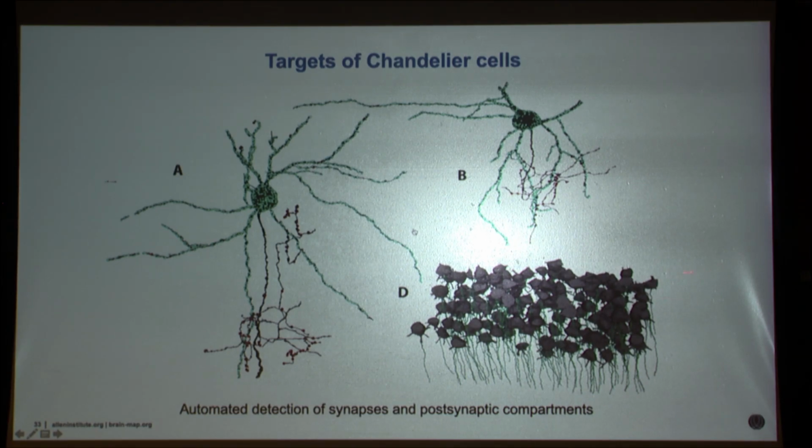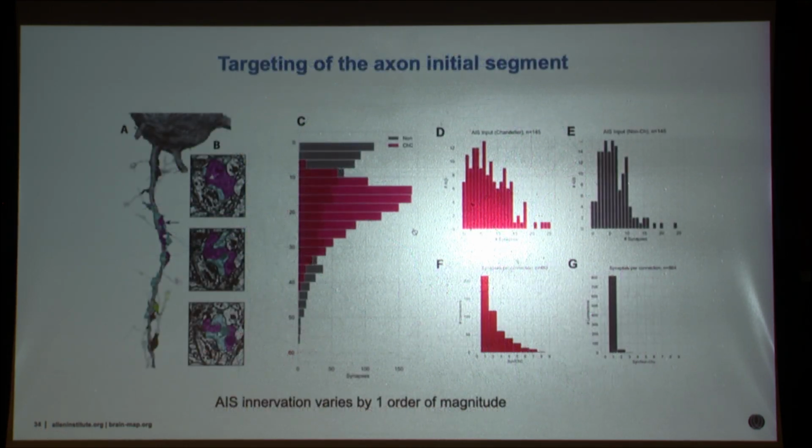So as a first study from our small data set, we took 100 some odd pyramidal cells near the top of this sample, all of which have these initial axons, and said, let's look at every single synapse onto all of these axons.